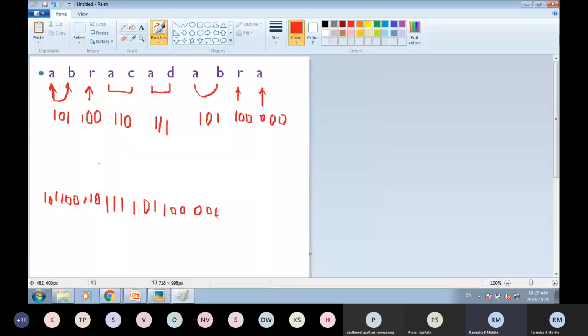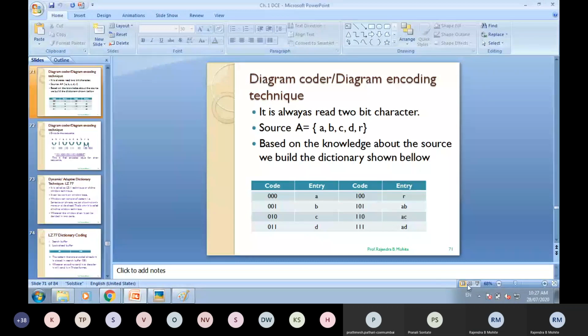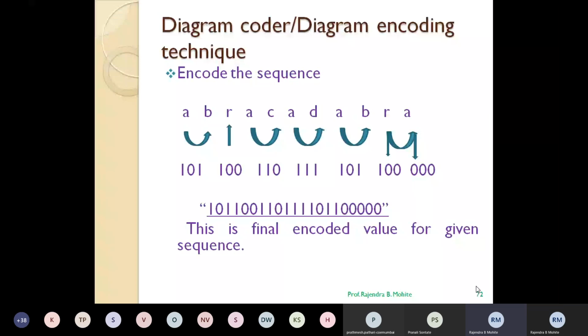So this is the sequence we have encoded here.